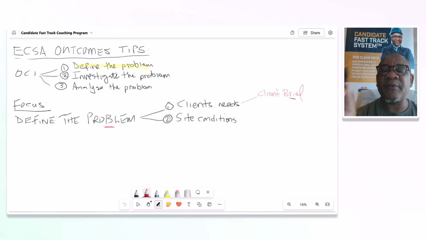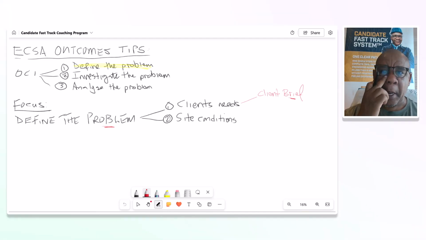You need to read the client brief. What does the brief say? Normally when you start a project or there's a technical issue to be resolved, you need to get a brief from the client. The brief must tell you, this is my problem, and this is what I'm experiencing. Hence, I want you as a qualified, experienced, and professional person to help solve the problem.